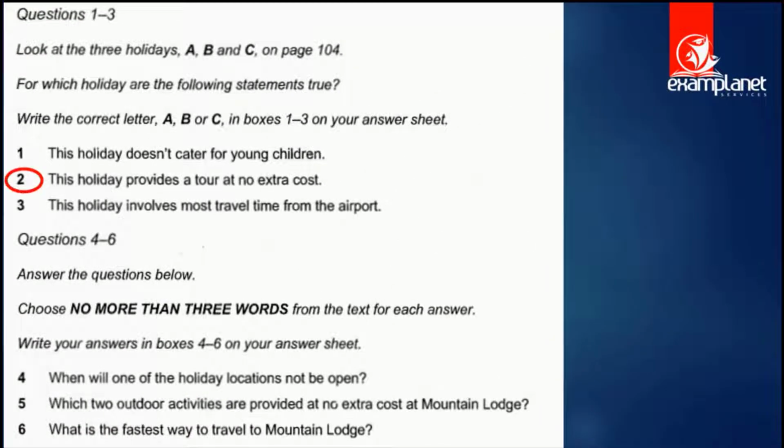Let's go to question 2. This holiday provides a tour at no extra cost. As we look at the passage, each one does show a provision of a tour at no extra cost. The option that matches that has to be option B, because you have free minibus trip around Ireland.